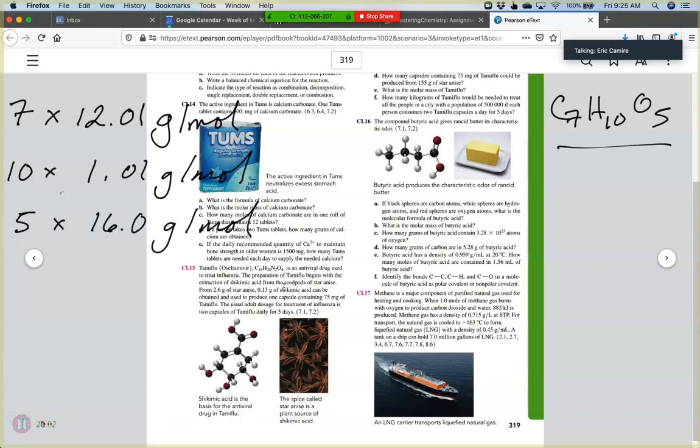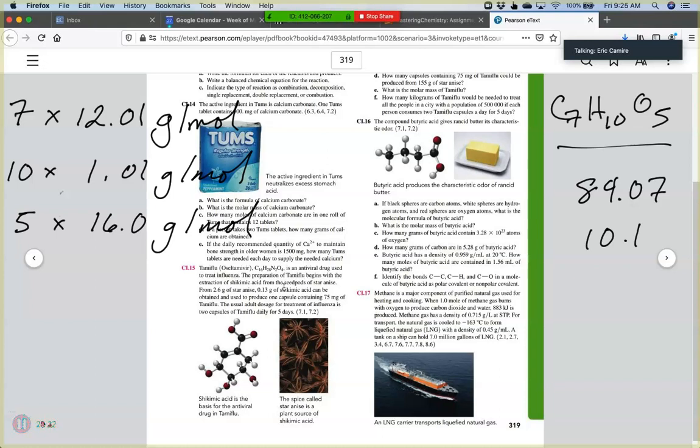Sorry, I'm kind of making a mess on that. I don't have a lot of space to write, but I want to keep the problem we're working on in front of us. So if we do that math out, 7 times 12.01, I'm getting 84.07 from the carbon. 1.01 times 10, I'm getting 10.1.